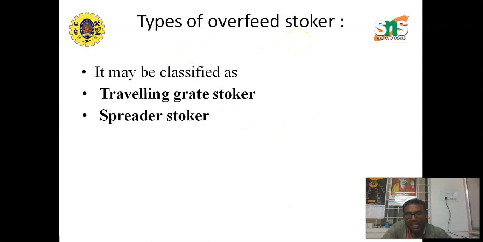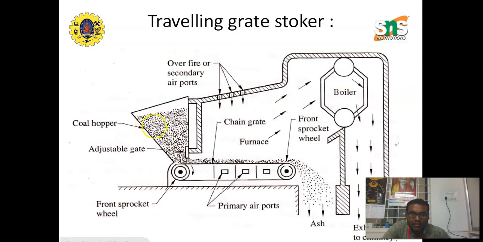The overfeed stoker is classified into the traveling grate stoker and the spreader stoker. This is the traveling grate stoker. Here we have the coal hopper, front sprocket wheel, primary air ports, and chain grate, as in the case of a conveyor. This is the furnace. This is the boiler, ash content, exhaust to the chimney.